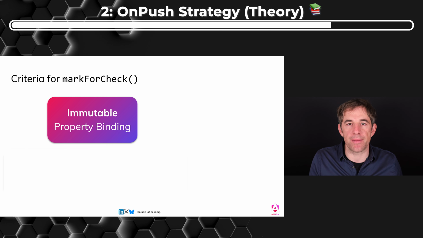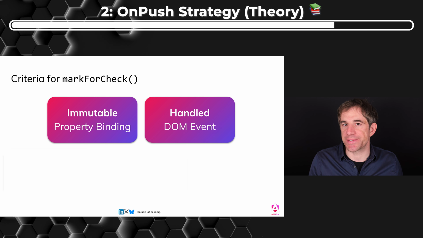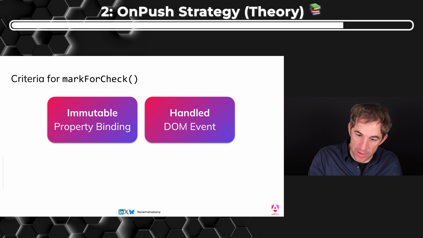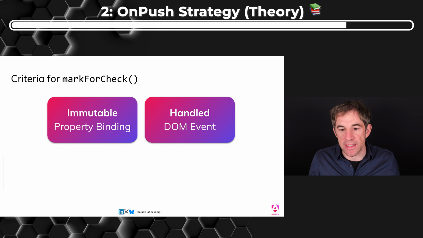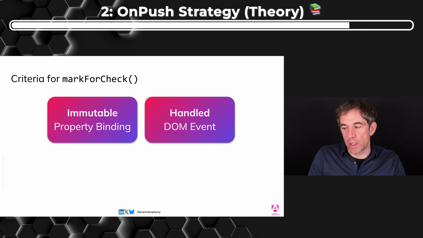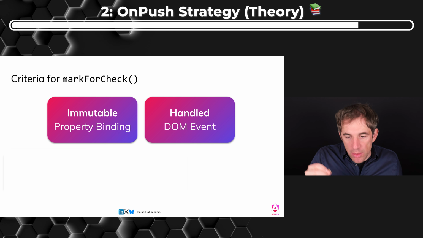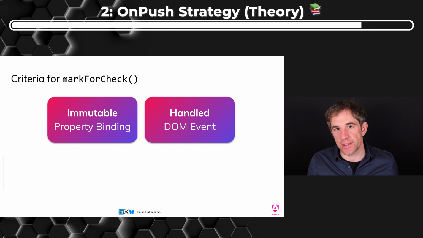I will show later what I mean. Handled DOM events. If your component, again, has an event listener, I click on the button inside of the OnPush component, then this event will not just be caught by zone.js in order to trigger the change detection. It will also mark that particular component as dirty.